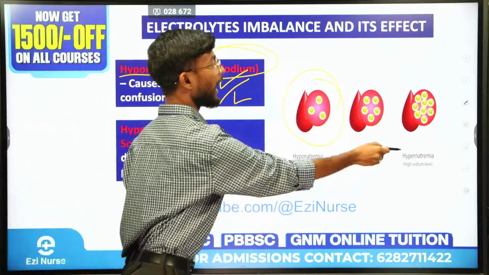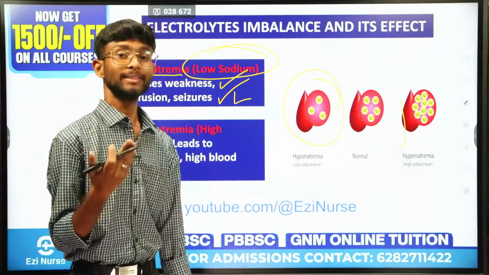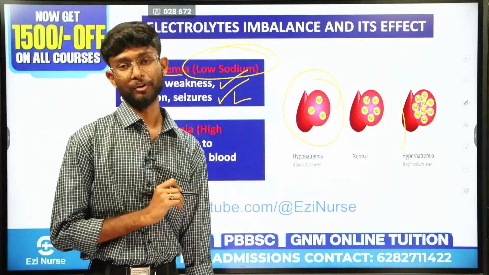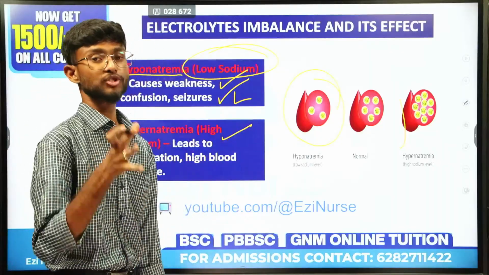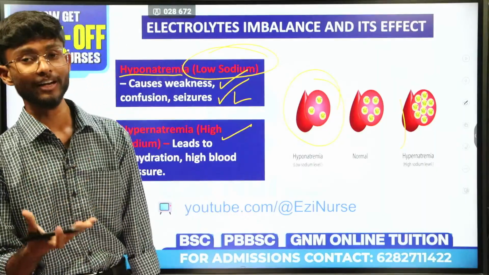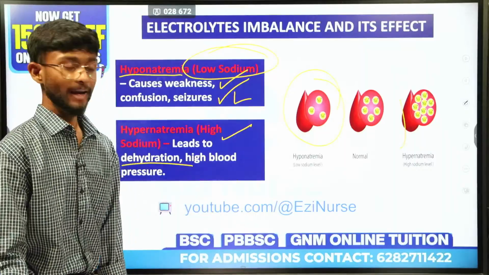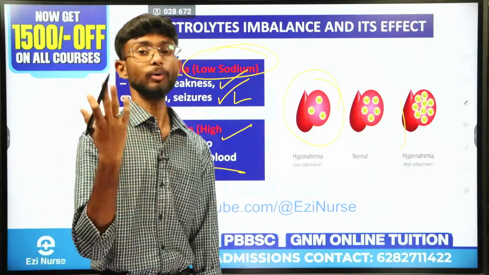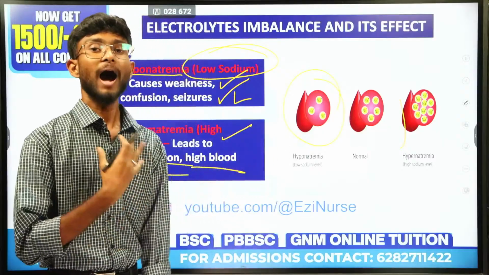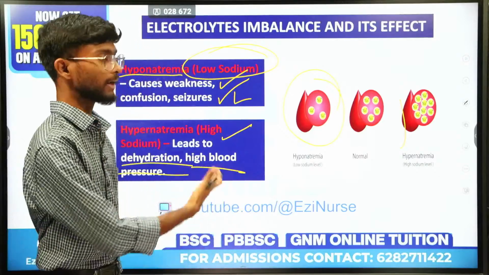If the sodium level is high in your body, that leads to hypernatremia. What do you mean by hypernatremia? The concentration of sodium increases, and that causes dehydration and high blood pressure, that is high BP, due to the excessive amount of sodium present in our body.